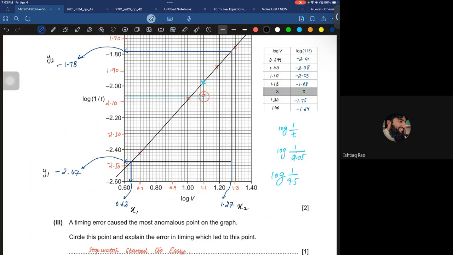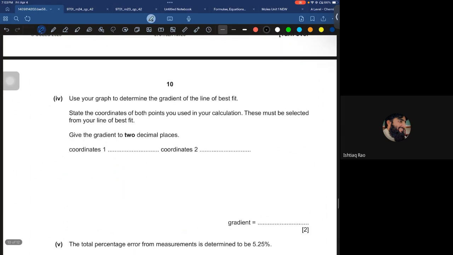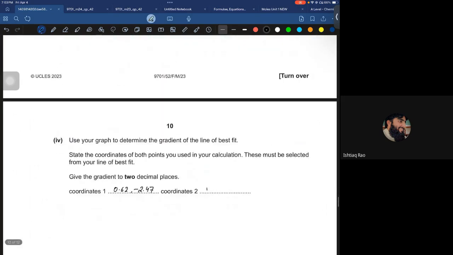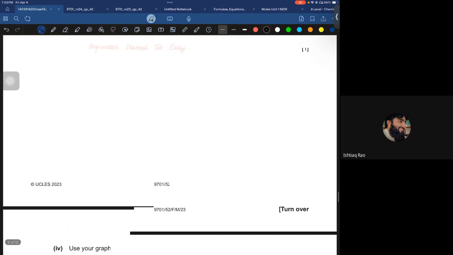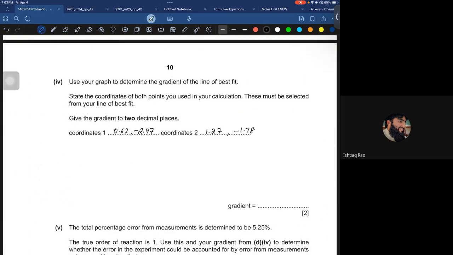So x1, y1 is 0.62 and negative 2.47. Then x2 is 1.27 and y2 is 1.78. I'm going to use the gradient formula.